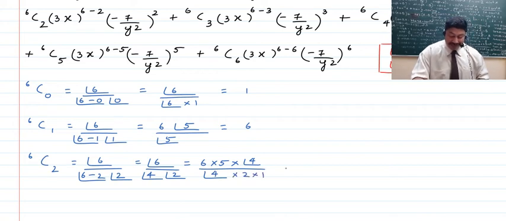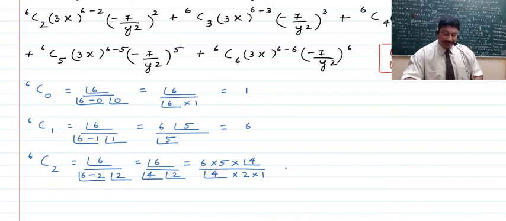There's no point writing 1 because 1 is the multiplicative identity. So at this moment I'm writing it, but from the next time onwards it can be understood that there is no significance of this 1 in multiplication. Now factorial 4 will get cancelled. As such, 2 gets cancelled with 6, 3 times. So now we have the value of this to be equal to 15.